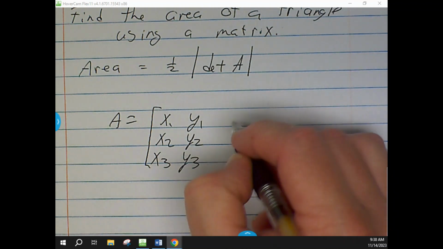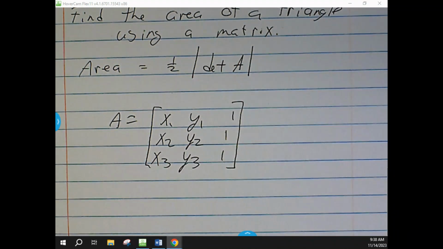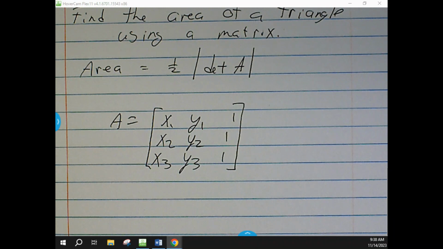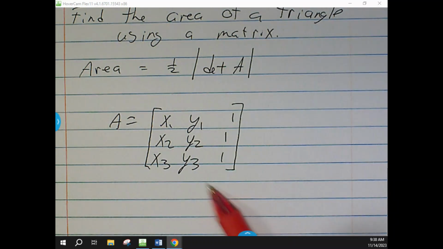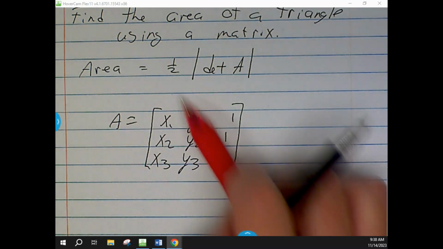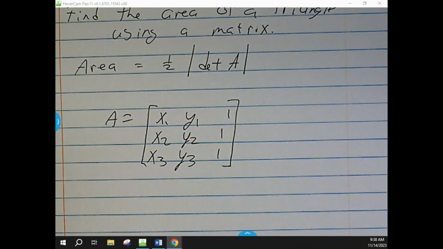So what we're going to have to do basically is put 1s over here for placeholders to make it a 3x3. And now we're going to go back and use our 3x3 determinant rules, cross products and cross products and cross products, and then we'll go this way. So that's where you're going to have to use that 3x3 matrix to go back and figure out what it is.